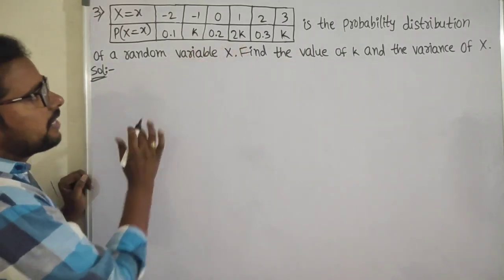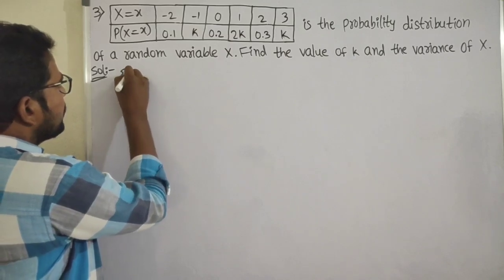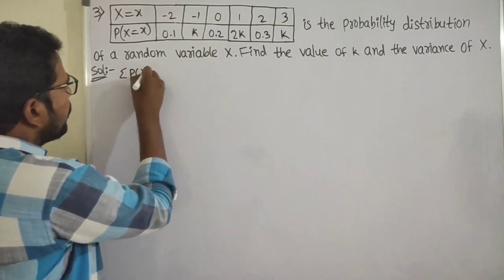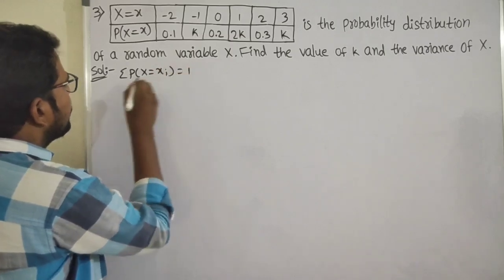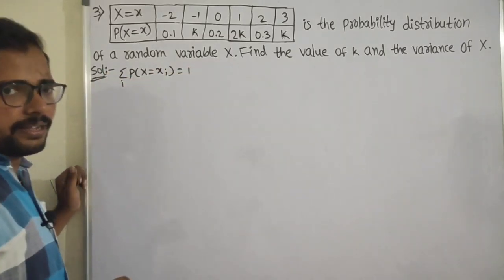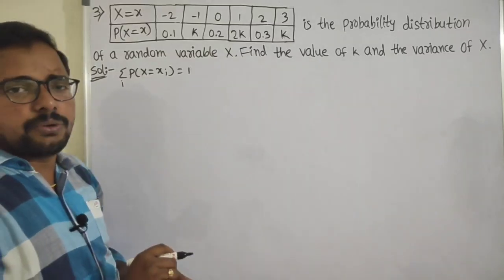First we have to find the value of k. We know one condition: the sum of the probabilities of all the events is equal to 1. Sum of P(X = xi) = 1, where i means events, outcomes. So the probabilities: 0.1 plus k plus 0.2 plus 2k plus 0.3 plus k is equal to 1.